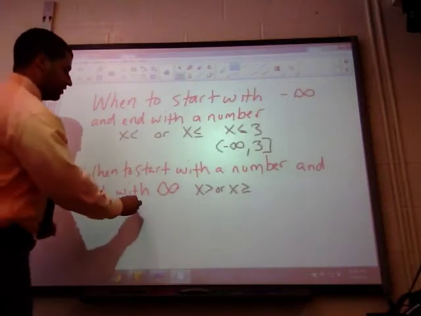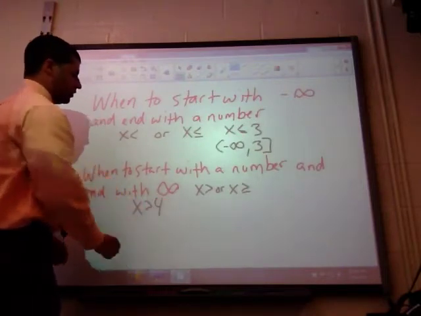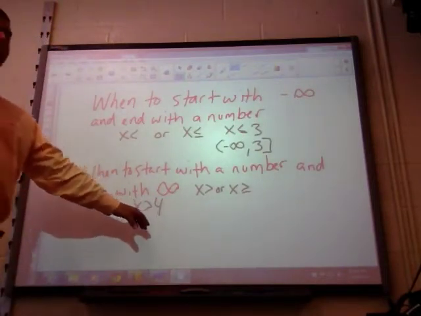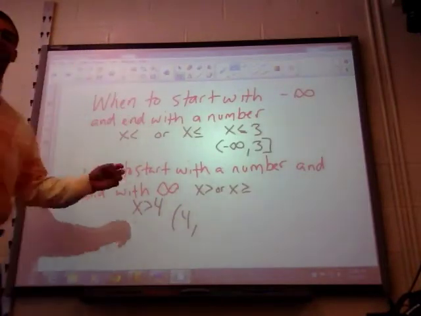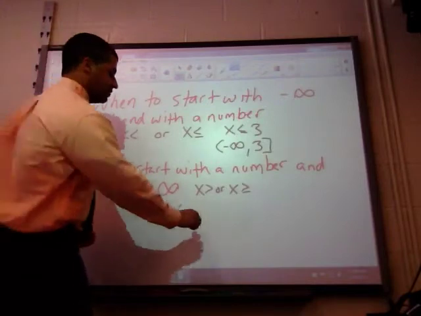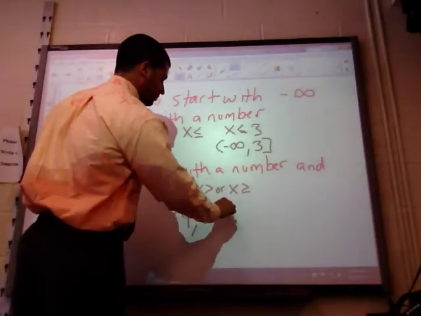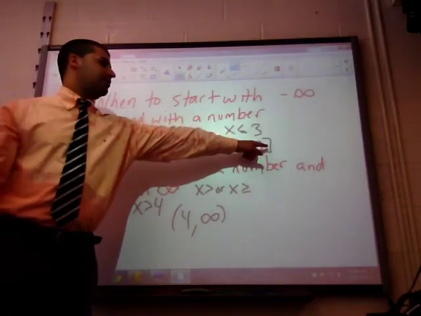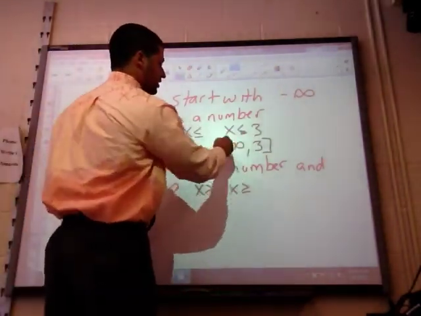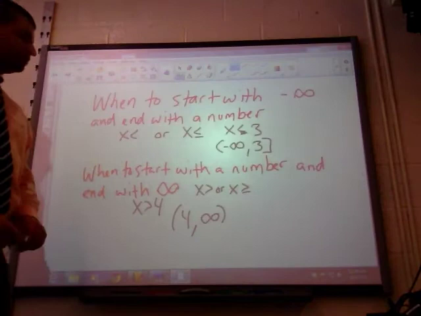If we're talking about greater than, we start with the smallest possible number, which is 4, and go to all numbers possibly greater than 4, which is going up to infinity, which is the biggest possible number. And again, both get parentheses because it's not or equal to. This one got a bracket because it is, as you can see, or equal to.